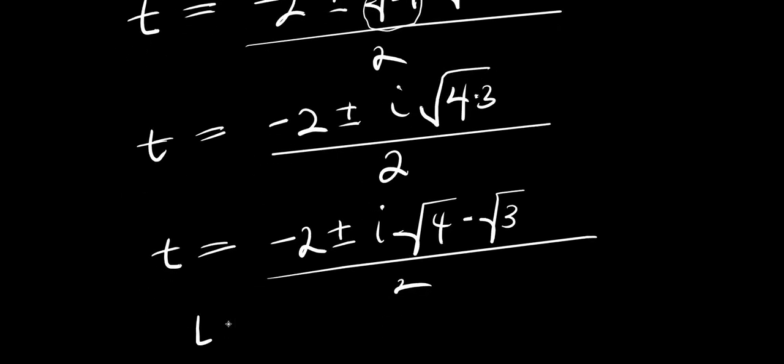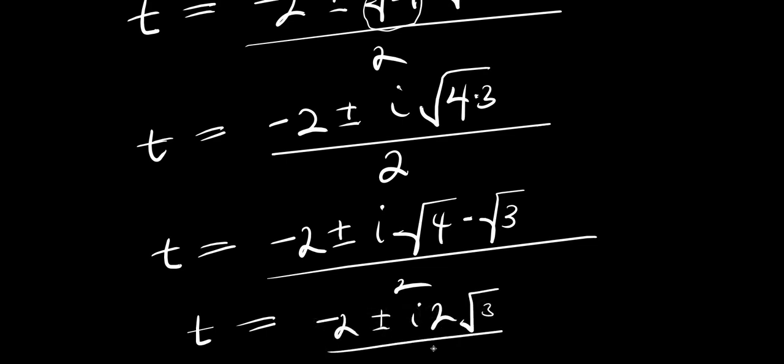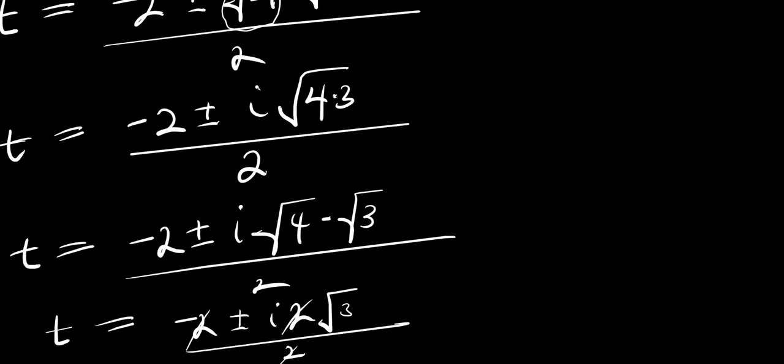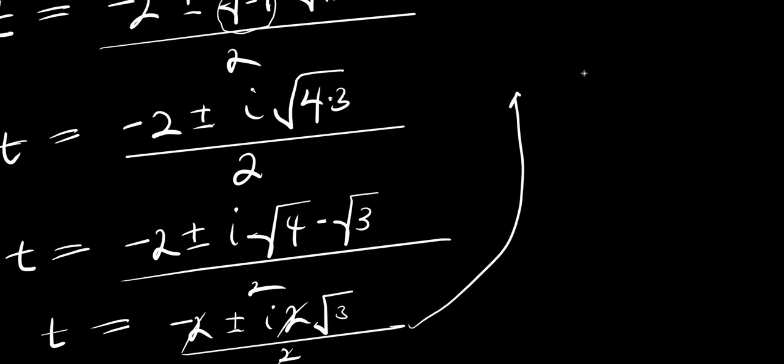So t equals negative 2 plus or minus i times 2 times root 3 divided by 2. So 2 cancels 2. So from here, we have t equals negative 1 plus or minus i times root 3.